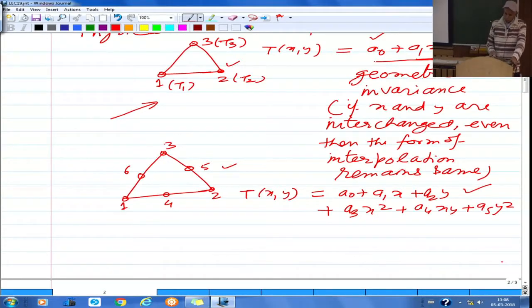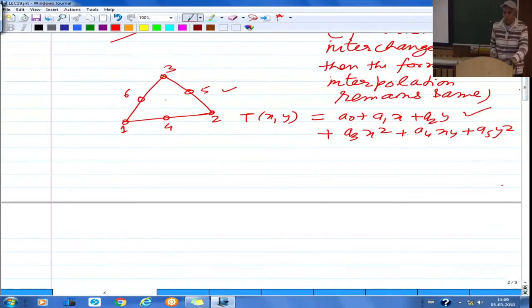Quite often, if we are using triangles, we typically use either 3 or 6-noded triangles, although one can introduce more nodes, so you can have 9 or 10-noded triangular elements and so on. But common ones are 3-noded and 6-noded triangular elements.